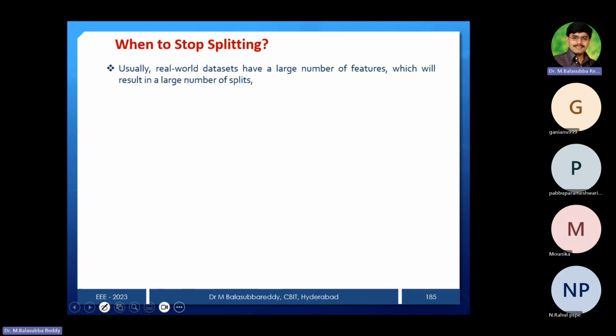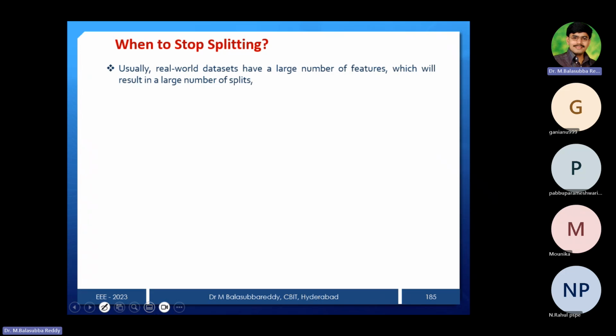As I said earlier, there were two features, energy and emotion, or another example we saw, sad and happiness. That is only a small example where the splits are very few. But in real-world data, a huge number of features will be available in the data set, and we can split on many of them.